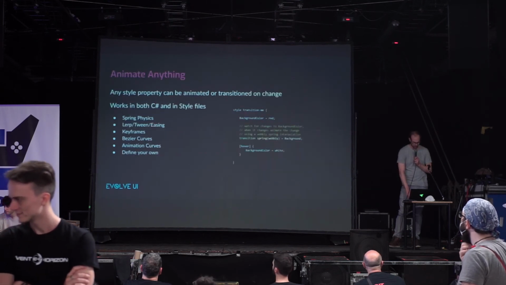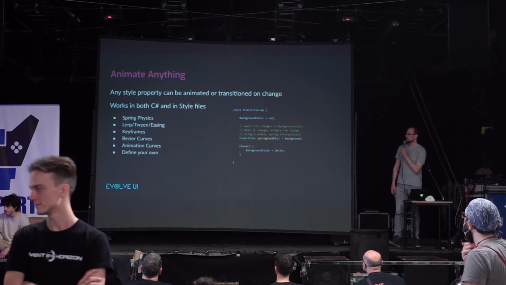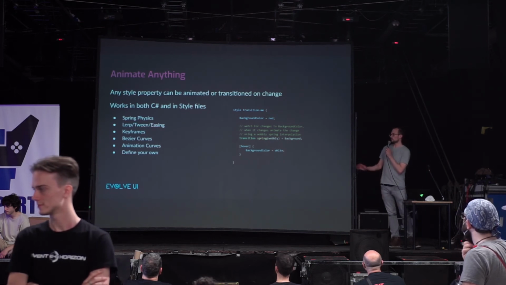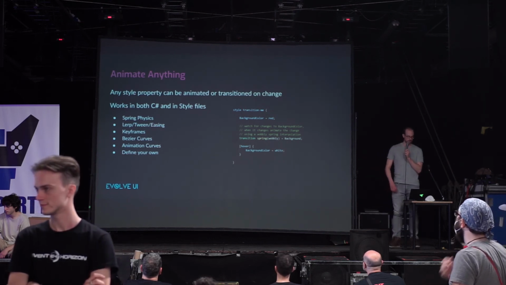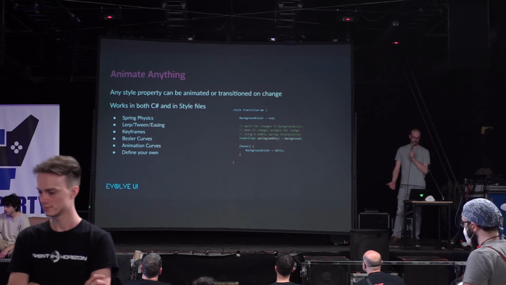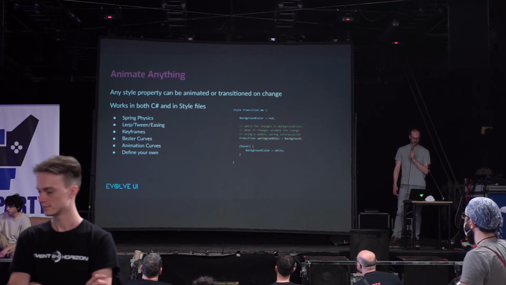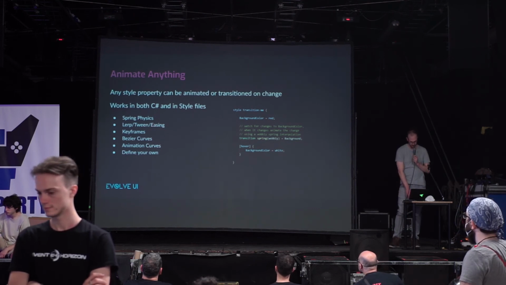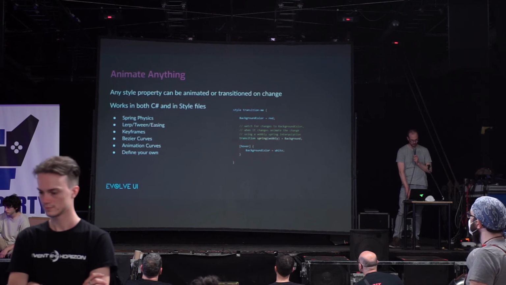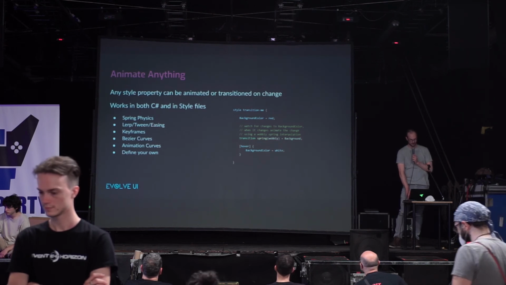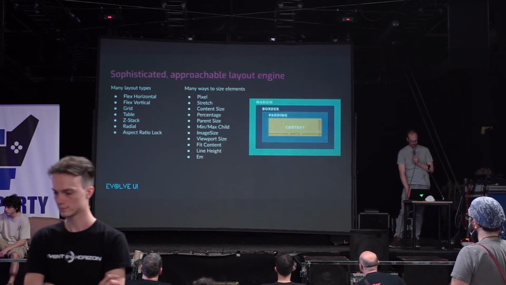There's a lot of power here. So like we also kind of looked at, you can animate literally anything. So of the 150 style properties, you can always apply like a spring physics system. You have all of the normal easings and easing curves. You can do keyframes, Beziers, whatever you kind of want. And if whatever I ship wasn't what you wanted, then you can just define your own.